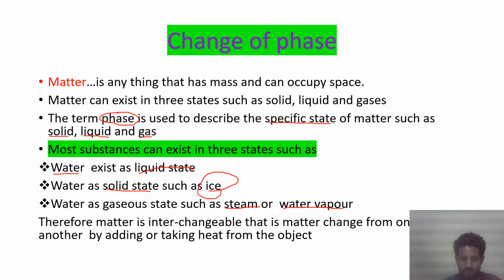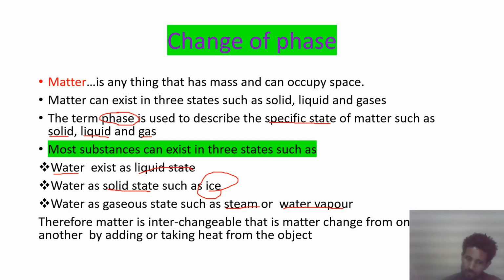Therefore matter is interchangeable. That is, matter can change from one state to another by adding heat to or taking heat from the object. For example, if we take water as a liquid and give it heat, it can change to vapor or steam.